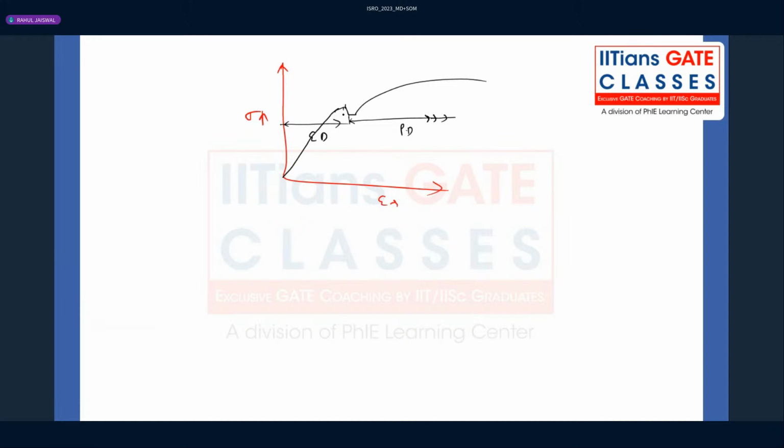The energy absorbed here is the modulus of resilience, and the total area under the whole curve is the modulus of toughness. Modulus of toughness is a property of the material because it is independent of the length and diameter of a component.